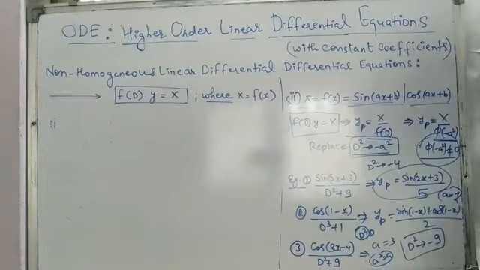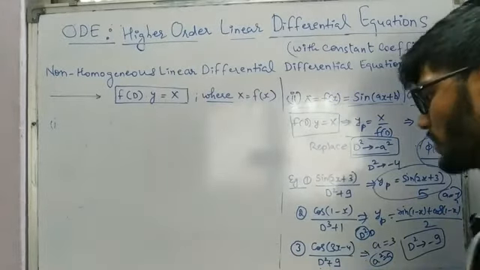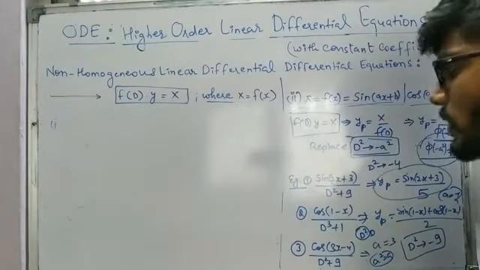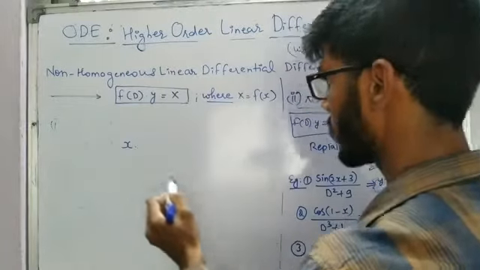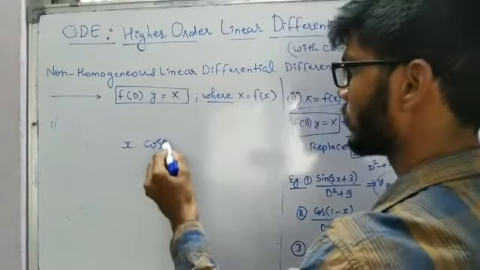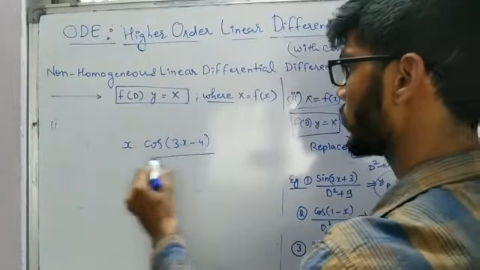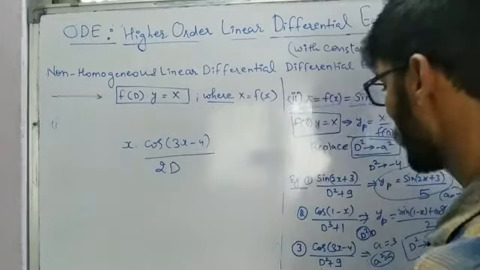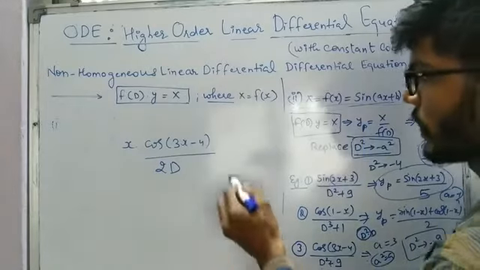So here we have to make use of differentiation: by putting D square as minus a square, if we are getting 0 in the denominator, we have to differentiate once, multiply the thing by x, and write cos(3x minus 4) divided by the derivative. So the differentiation of D square is nothing but 2D, and differentiation of 9 is 0.